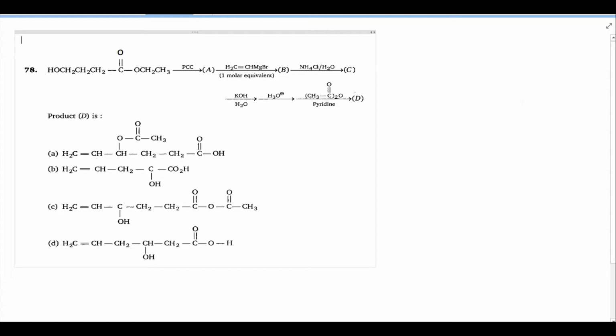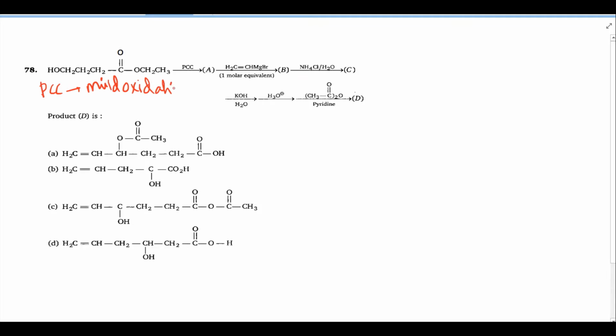What is the first thing? In question number 78, you can see PCC, pyridinium chlorochromate. First of all, what is PCC? PCC is used for mild oxidation.